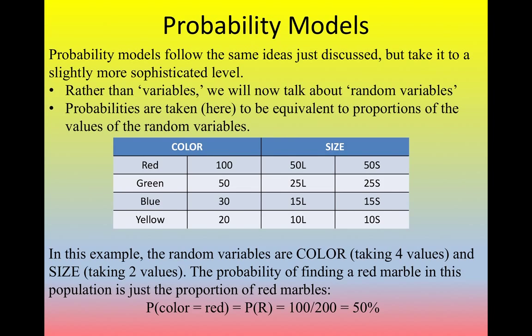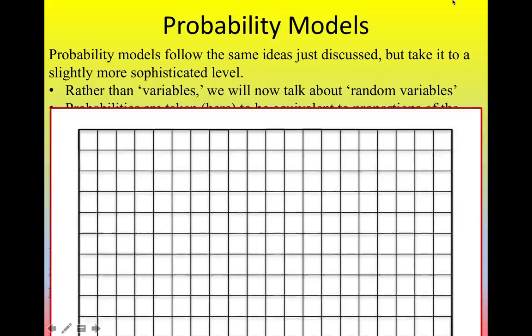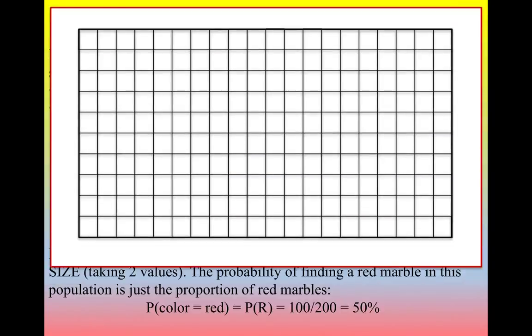Consider the event of randomly finding a red marble in this population. In terms of a probability model, we are asking after the probability that the random variable color takes a value red. According to this distribution, 100 marbles are red out of 200 total marbles. We could represent this event by this grid here, where each cell in this grid represents the possible event of just pulling a marble, any one of these 200 marbles.